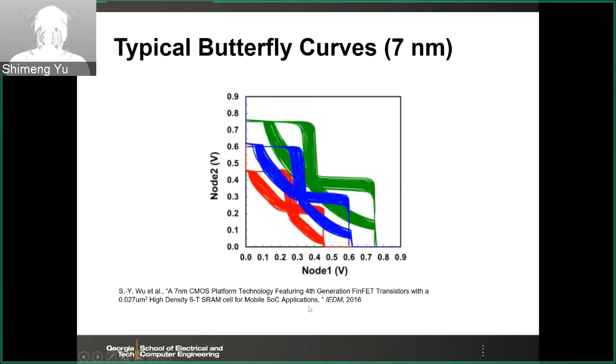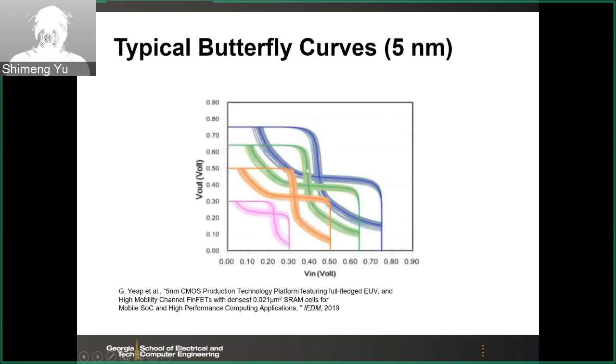This is from ADM 10. And you see the margin is smaller and smaller. And this is the latest technology, 5 nanometer from TSMC. This is very recent, ADM 2019. And you see the butterfly curve. Probably this is less than 100 millivolts.